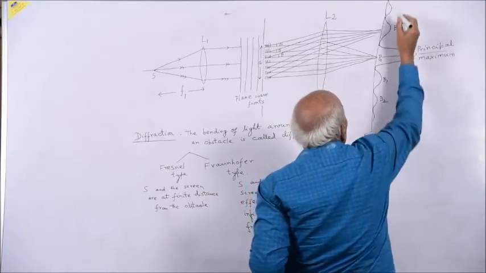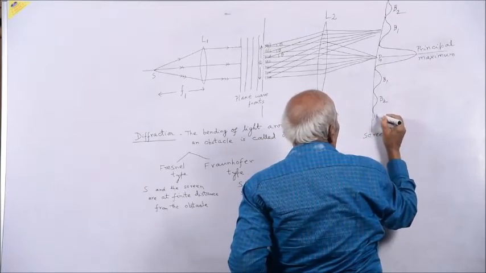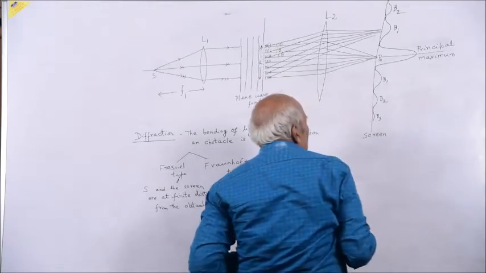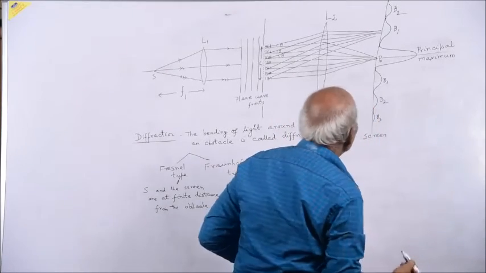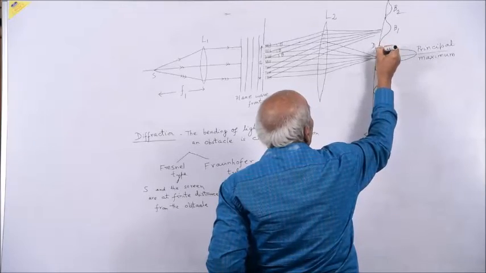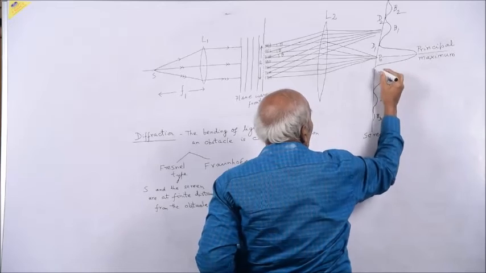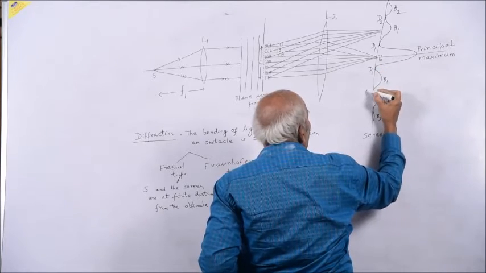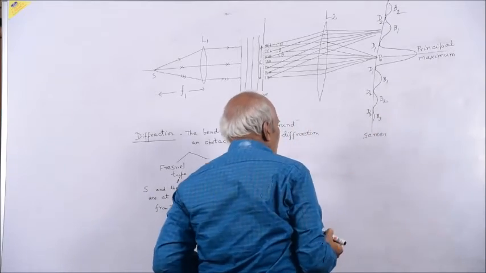Then this is B2, second secondary maximum, and B3. Others have less intensity, so they cannot be observed. And this is D1, first dark spot, this is D2. Similarly, here D1, D2, then D3, the dark spots.